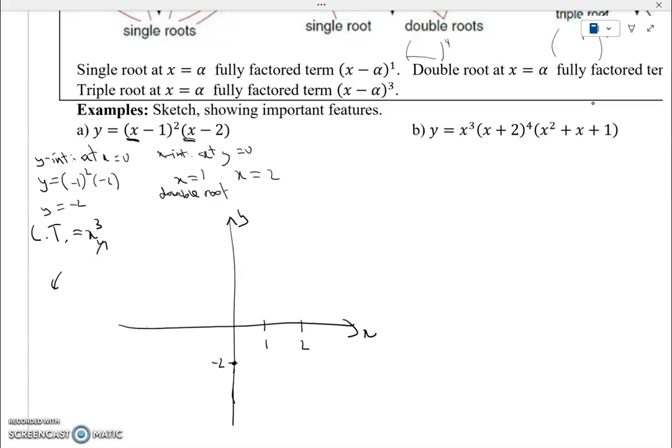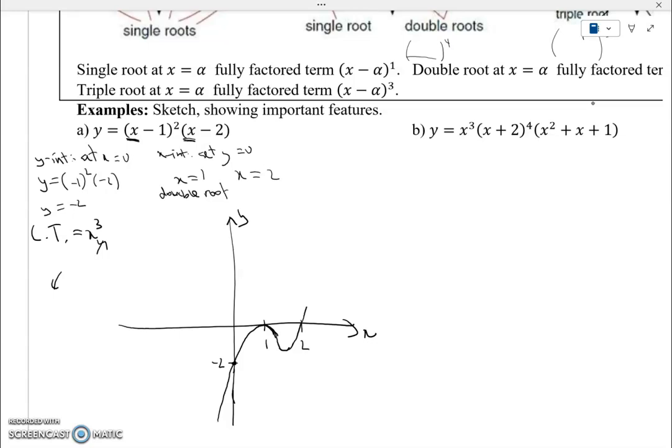Okay, so we're going to be now double rooted at x equals 1. Okay, so convince yourself we're coming from down here. Double rooting at x equals 1, so therefore touching and bouncing off just like a parabola. Then I need to do a turning point because I need to come back at x equals 2. I need to go through the x-intercept, and it's a single root.